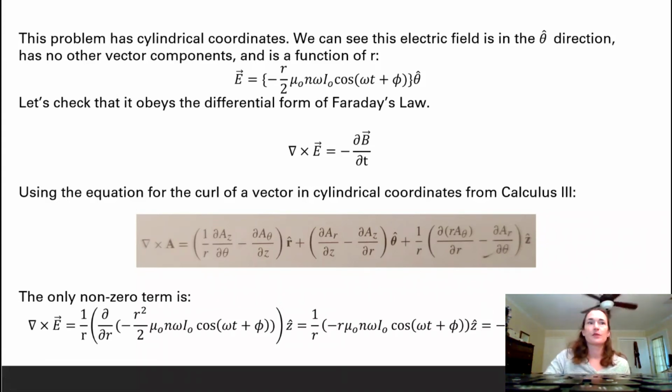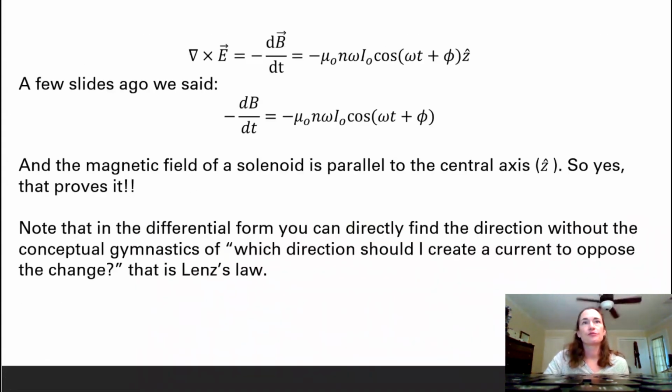Now, here it is up top, copied and pasted again. Our differential form of Faraday's law is the curl of E is equal to minus dB dt, okay? So, our curl of E ended up being negative mu naught n omega I naught cosine omega t plus phi in the z hat direction. And a few slides ago, we said what dB dt was.